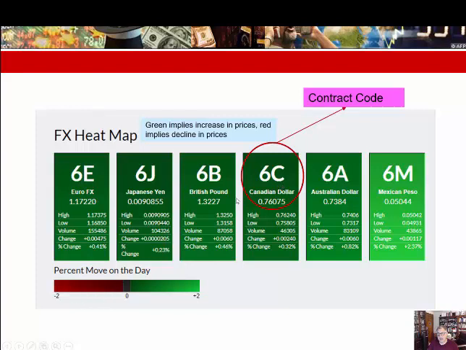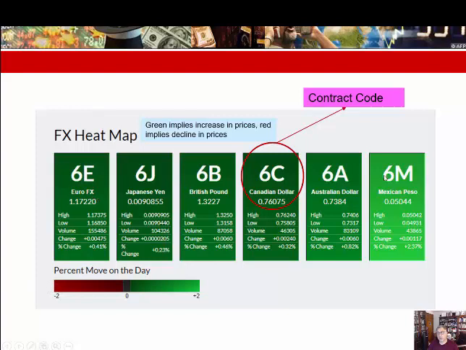They do publish what they call the FX heat map. Green implies increases in prices, and red implies declines in prices. The lighter green implies larger increases in contract prices. The lighter red implies larger declines in the contract prices.